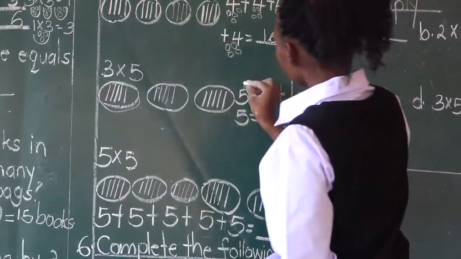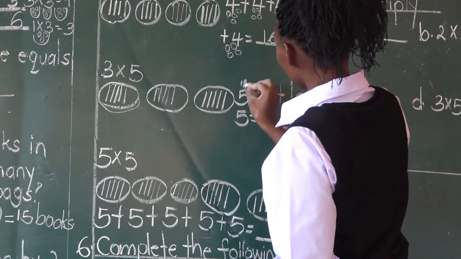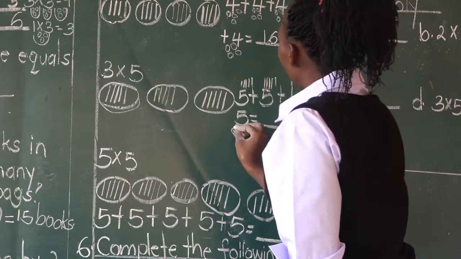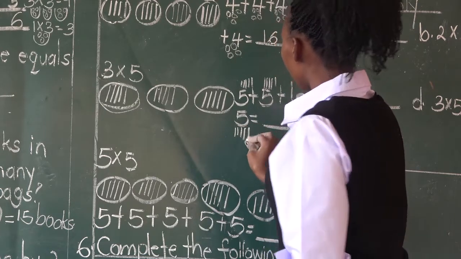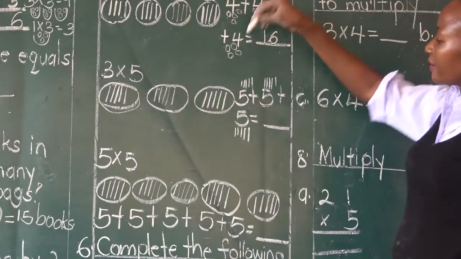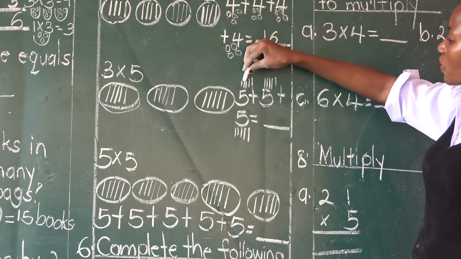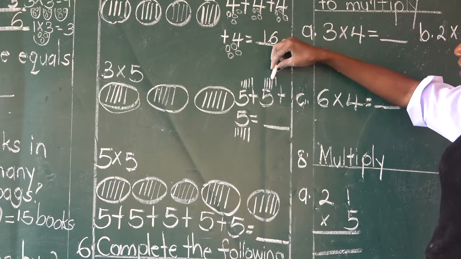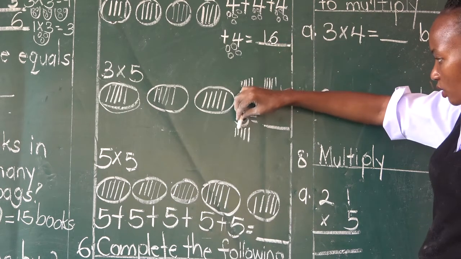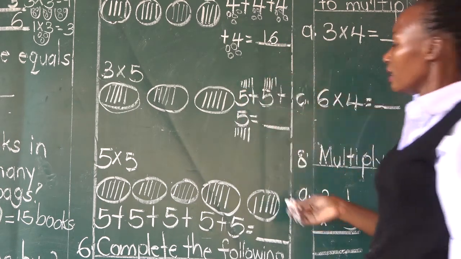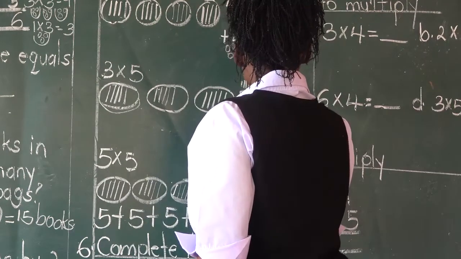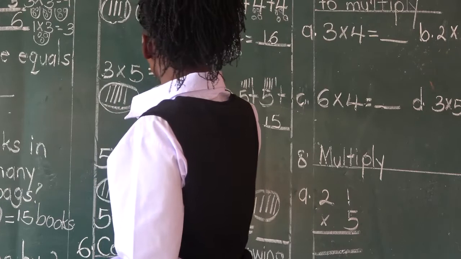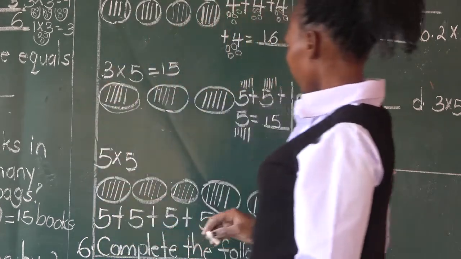Now let's add this and we see 1, 2, 3, 4, 5, 1, 2, 3, 4, 5, 1, 2, 3, 4, 5. Let's put this together. 1, 2, 3, 4, 5, 6, 7, 8, 9, 10, 11, 12, 13, 14, 15. 3 times 5 will also give you 15.